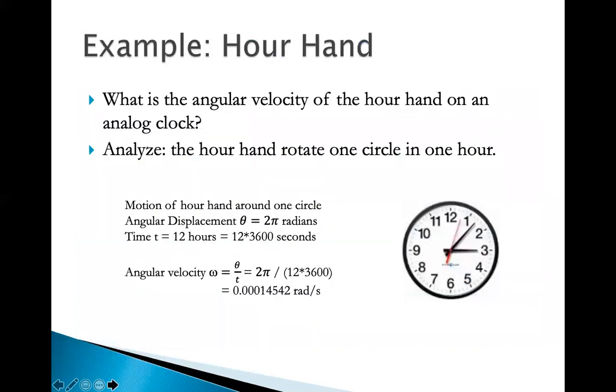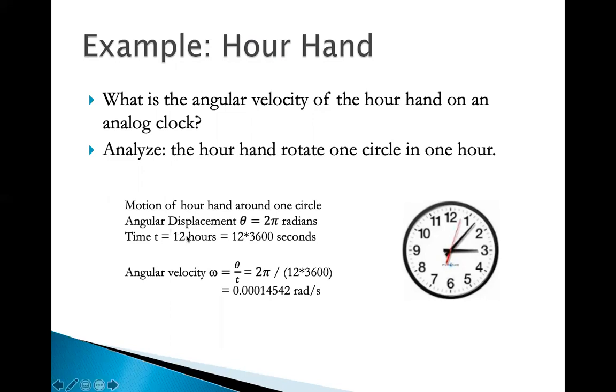Let's look at that in an example. In the example of an analog clock, the hour hand is currently pointing at 3, so it's a little after 3 o'clock. This hand will go around a full circle in 12 hours, so the angular displacement is 2 pi. 2 pi is the angle value in a full circle, sometimes called a full rotation.